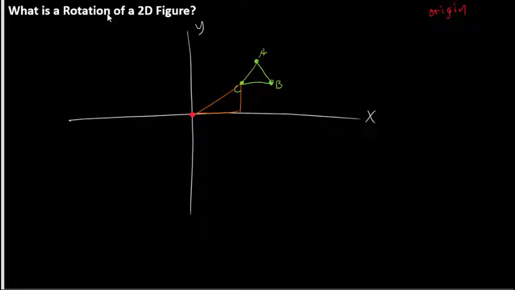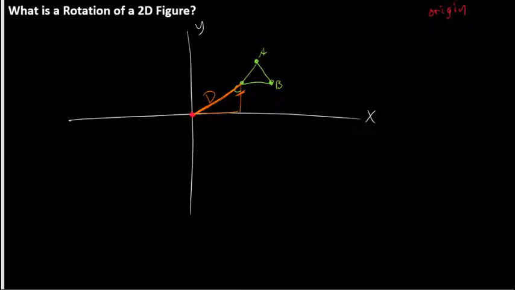Okay, so this vertex C here, see I drew a right triangle. That vertex C there is going to maintain this same exact distance from our center of rotation. Okay? So this distance here, we'll just call it D for distance. And that distance needs to remain constant.